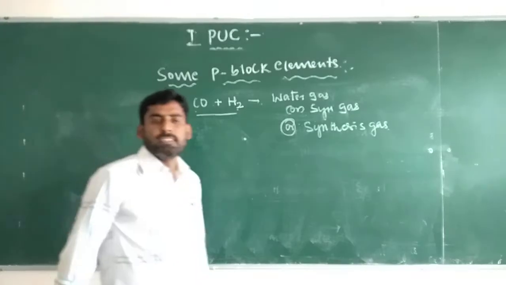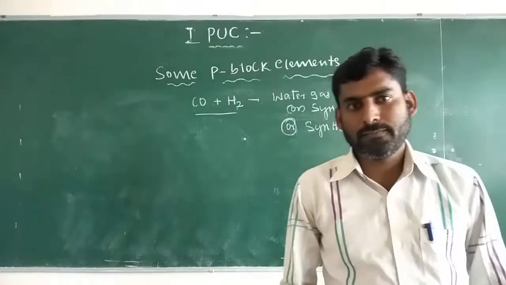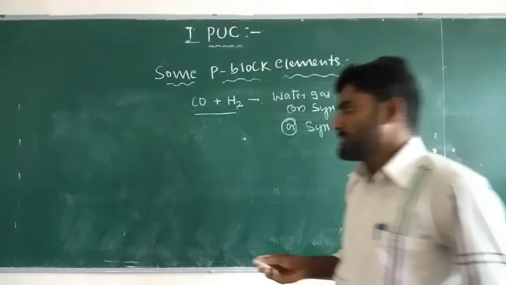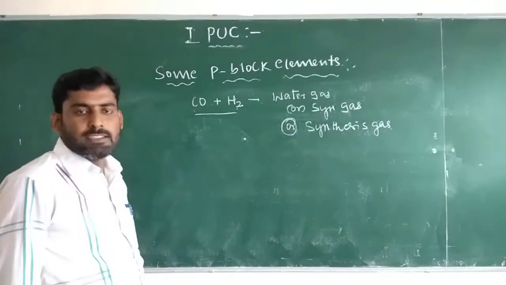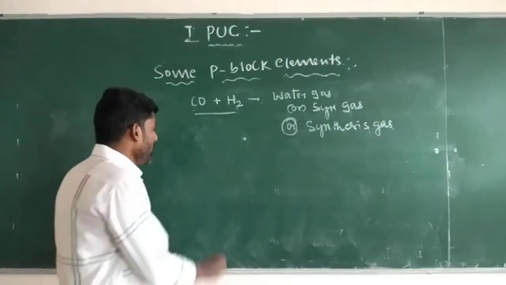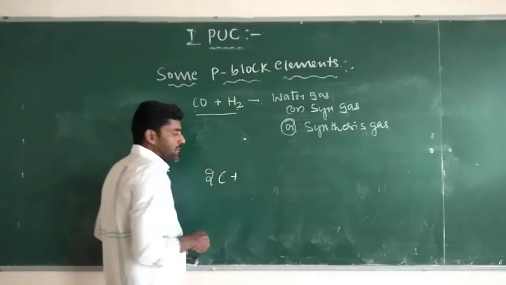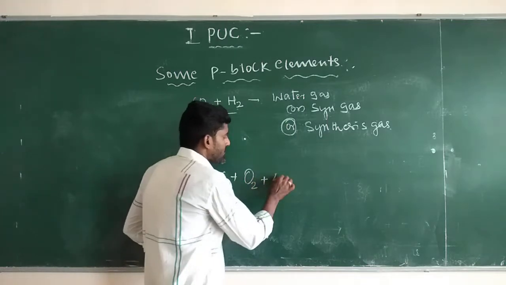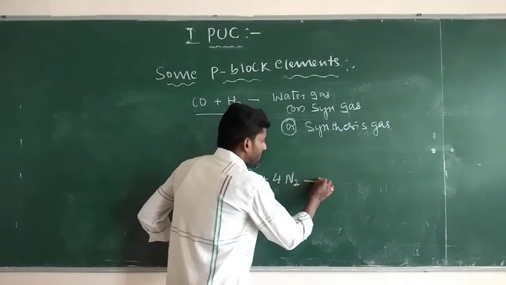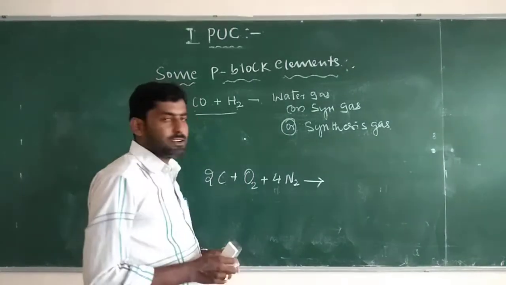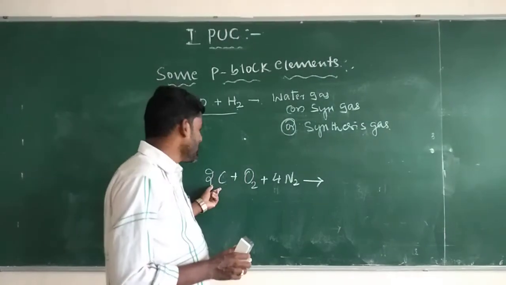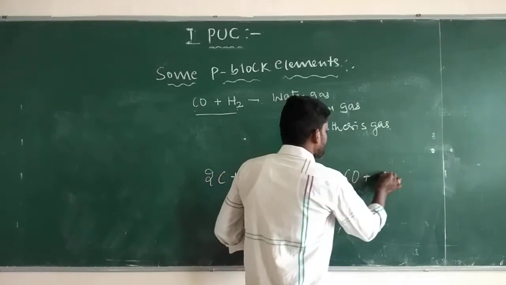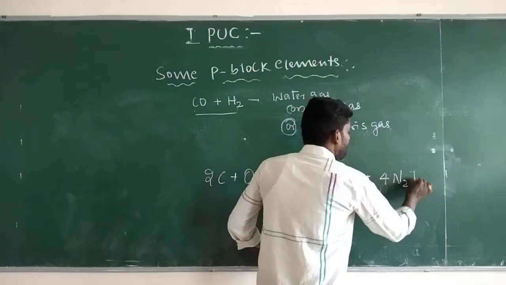See, once again, instead of using steam, if we use air directly, in the place of steam, that is 2C plus O2 plus 4N2. So in the air, nitrogen and oxygen are present, reacting with carbon to form carbon monoxide plus N2 gas.